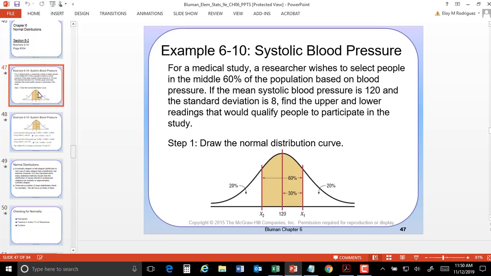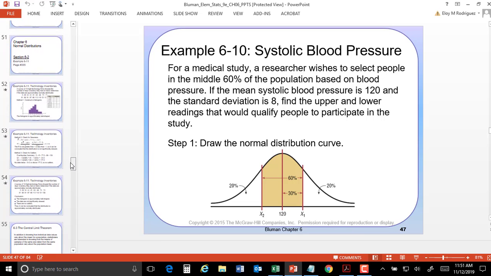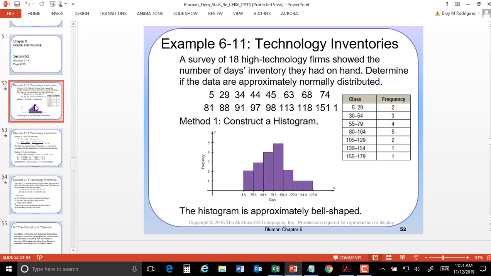There's blood pressure. That's all easy. Okay. Here is a histogram. Actually, this is a frequency, right? See the tallies? These are the classes. This is our frequency graph. These are counts.